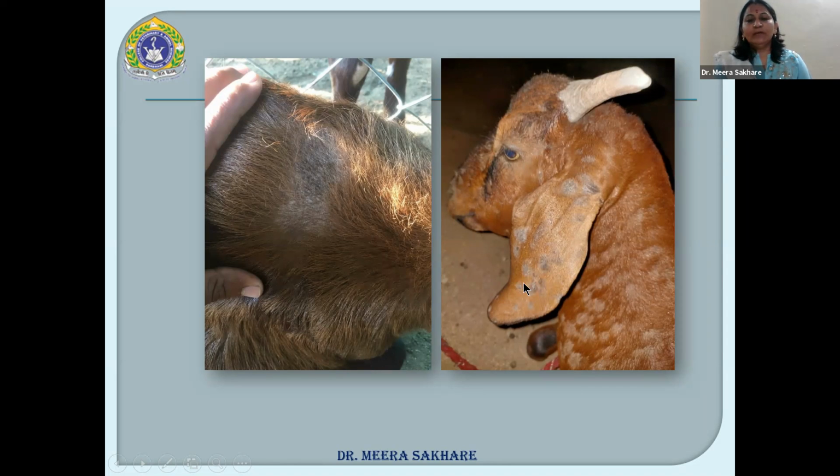So at the field level, we can see variable types of lesions, but mostly these ringworms multiply at the periphery of the lesion. And due to that peripheral multiplication of these fungi, it gives a typical ring-like or circular lesion.